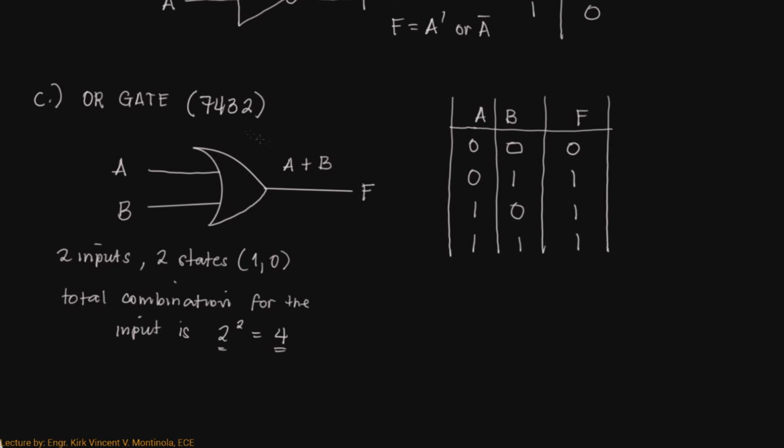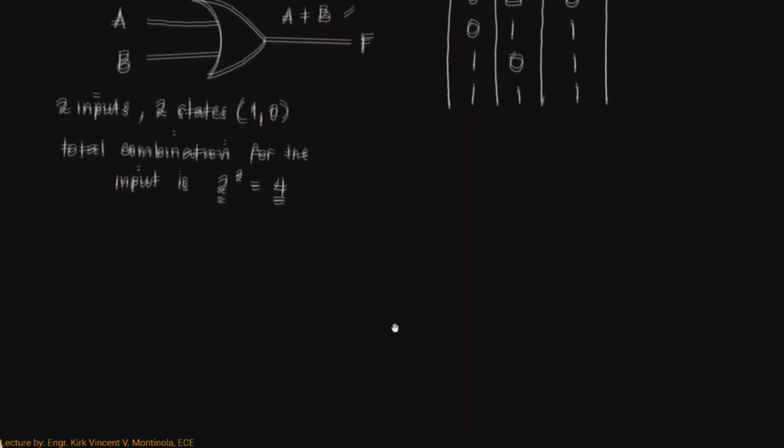Class, we are talking about Boolean expressions, not binary where 1 plus 1 is 0 carry 1. For logic gates, in Boolean algebra, 1 plus 1 is considered as 1 only. Take note of this. So that is its truth table, and this is its mathematical, or Boolean, expression.